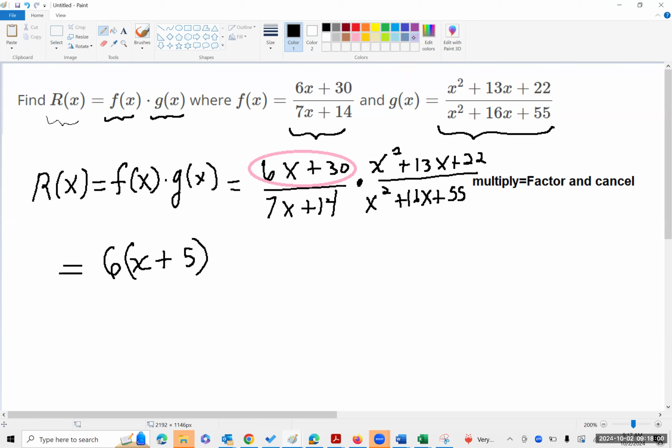And we've got another binomial over here, and both of those have a factor of 7 in common. In other words, the 7x and the 14 are both divisible by 7.